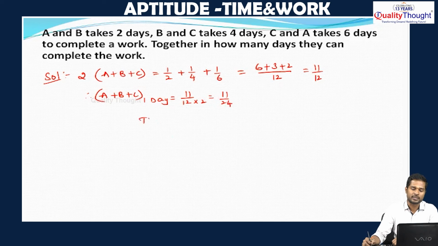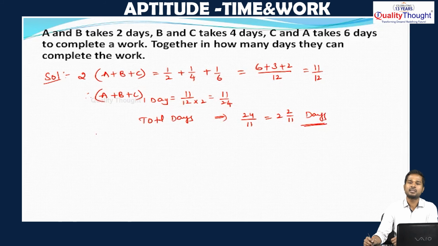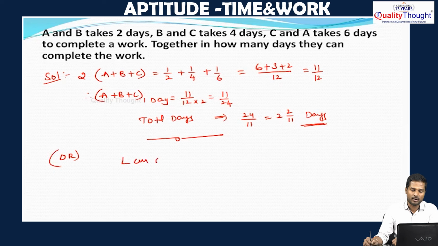Now the total days taken by them to complete the work is 24 by 11, which is 2 2 by 11 days. So if A, B, C work together, they will complete the work in only 2 2 by 11 days. Or we can solve this as the LCM of 2, 4, 6 is 12.